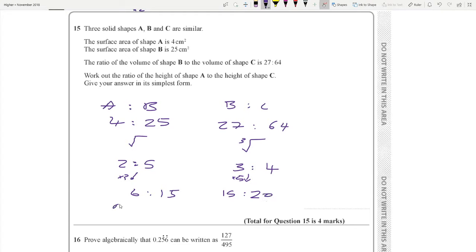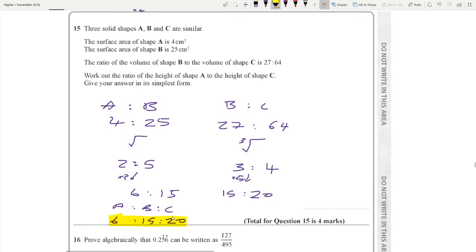So therefore the ratio of A to B to C is going to be 6 to 15 to 20. It asks us to give our answer in its simplest form.